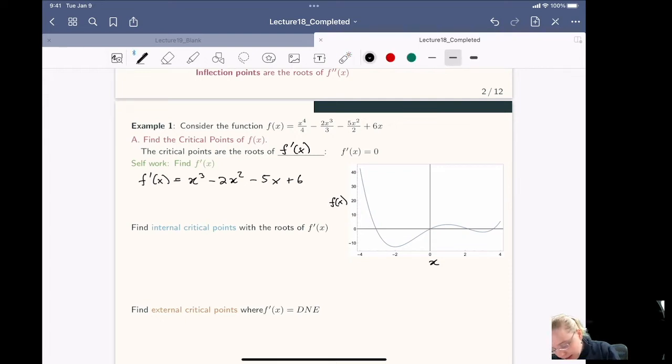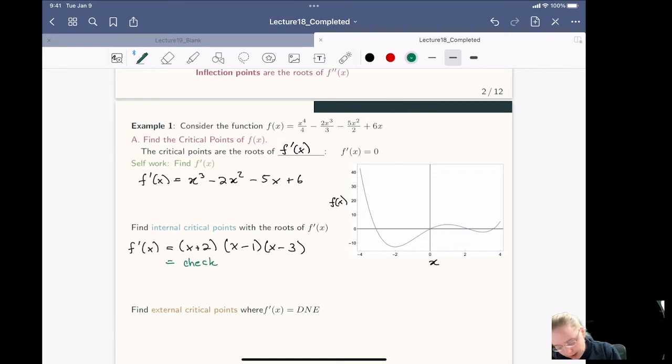Now, I'm going to let you know that you could factor this equation as x plus 2, x minus 1 times x minus 3. I want you, in your own work, to check this.